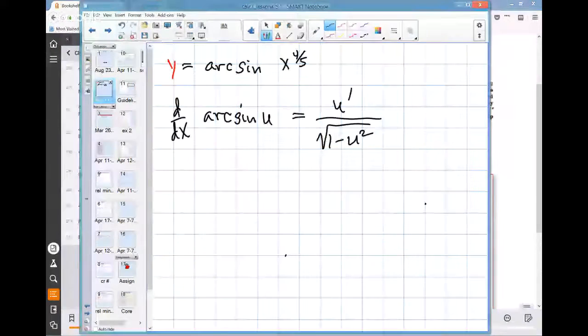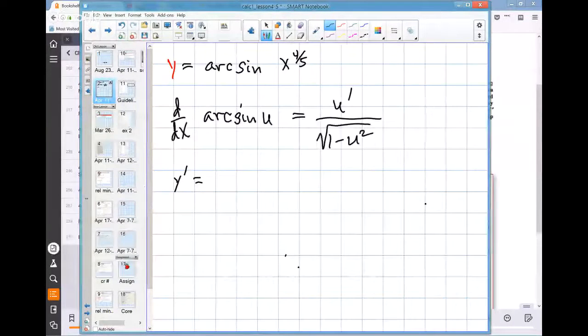Okay, so if I want to take y prime up above, I need to take the derivative of that x to the 4/5 and put that on the top.